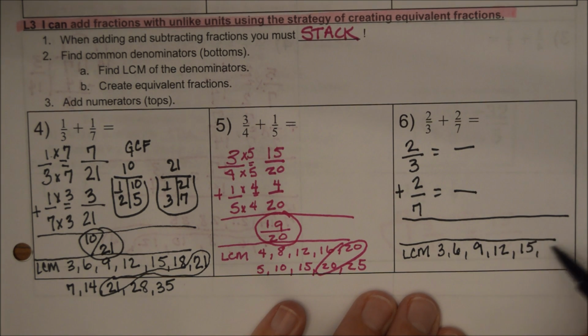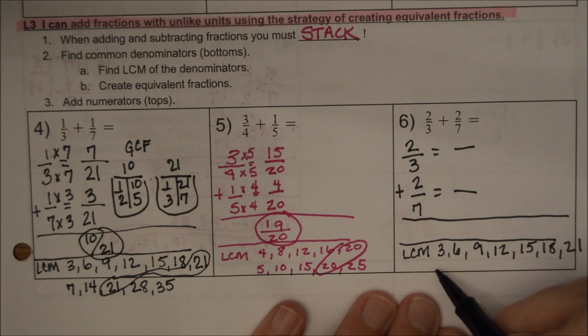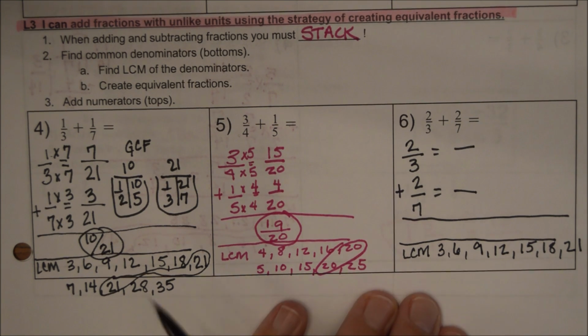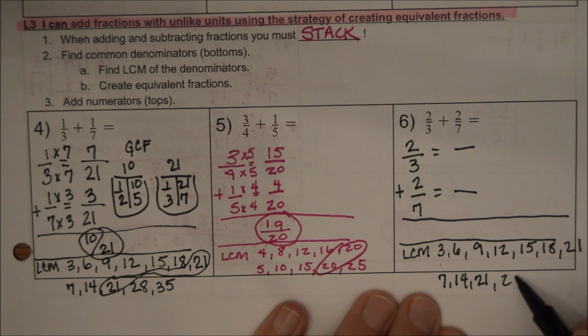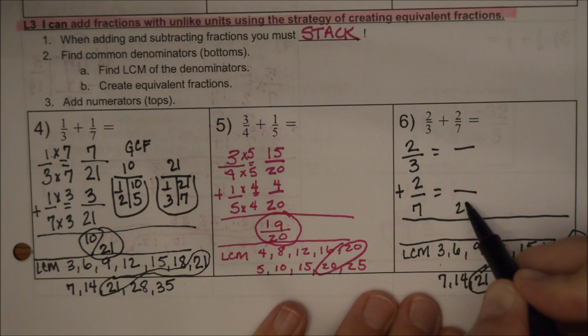And let's just keep going because we're going to have to. 18, 21. Is this starting to sound familiar? It is because we just did it. All right, 7, 14, 21, 28, 35. 21 is our common denominator.